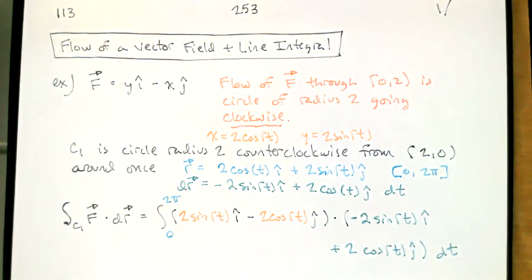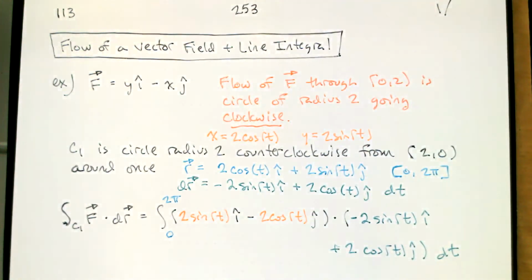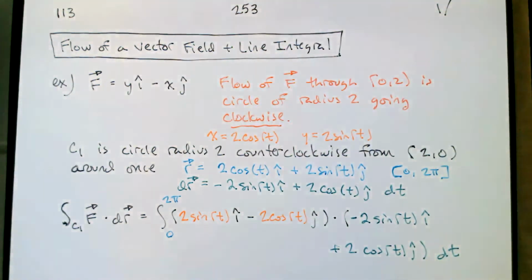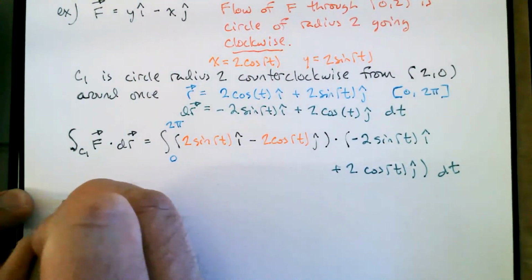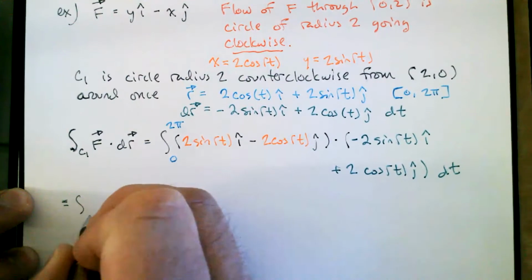Now we've set up our line integral as a simple integral. We have to calculate the dot product. We've got to figure out how much the vector field F is working with or against our curve. So our dot product will still have the interval from 0 to 2 pi.